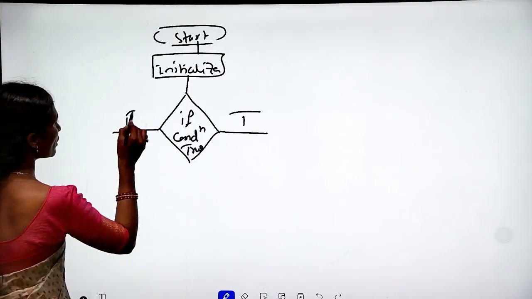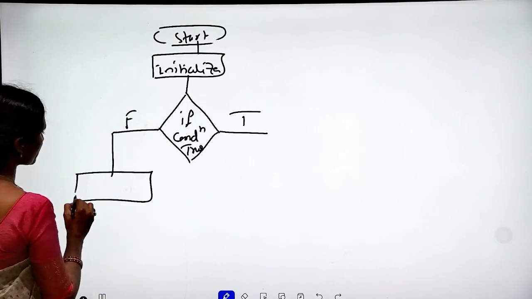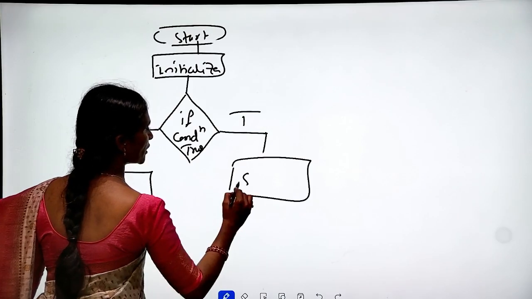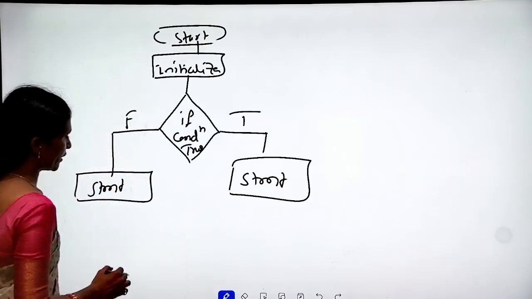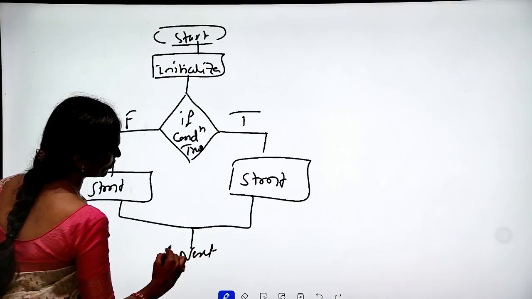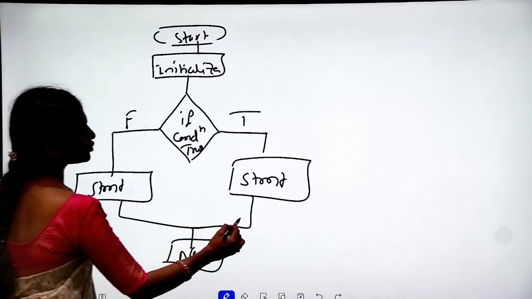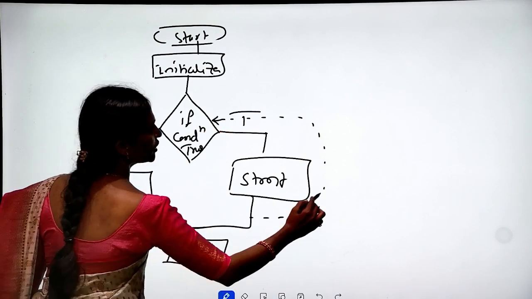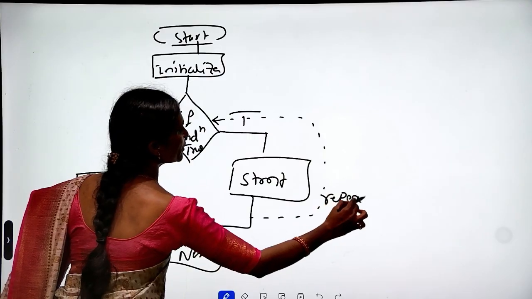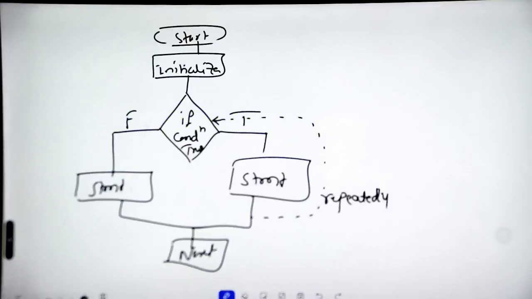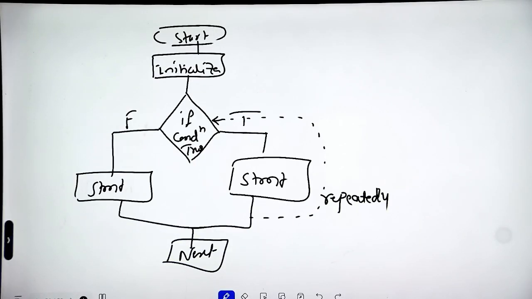If true, one block will execute. If false, the block will never execute, and the next statement is going to execute. If true, it executes again and goes back for repetition. This will be repeatedly executed. So this is the for loop.